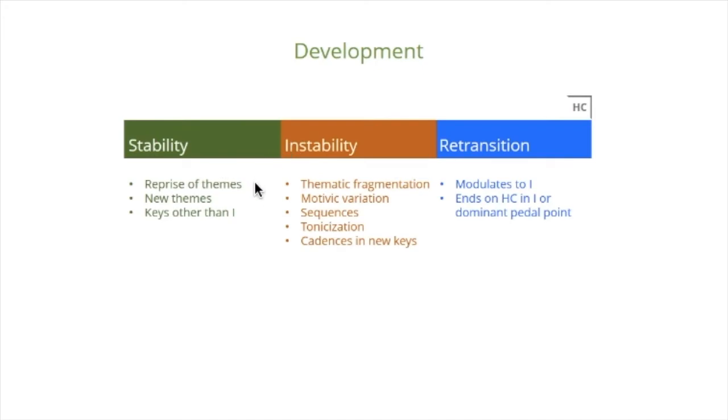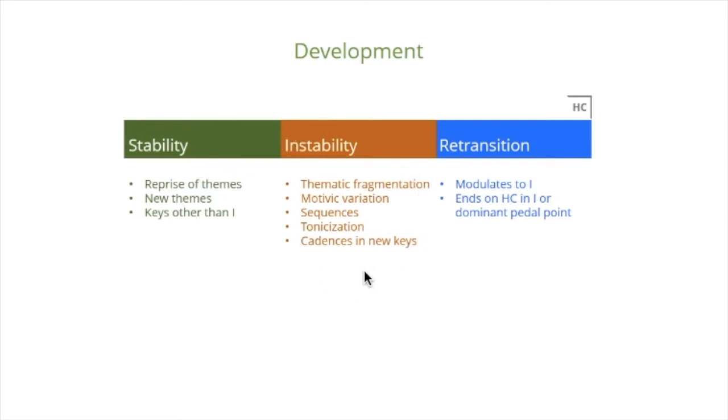So stability, we might hear new themes, we might hear reprise of previously introduced themes in the primary and secondary key area in the exposition, and we might also hear new keys that were not featured in the exposition section. However, the music actually stays in the key for a little longer, which is why we call this area stability.